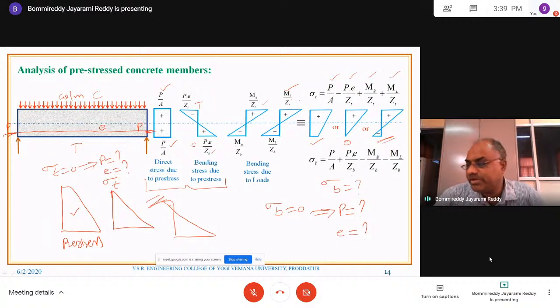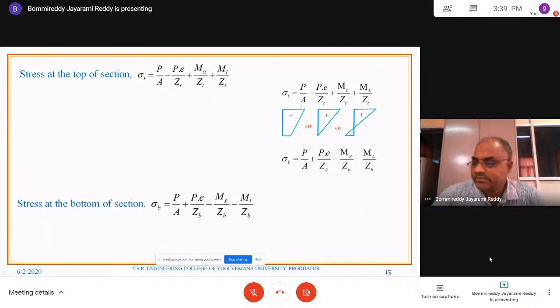You need to keep this diagram always in mind, not by means of memorizing the formulas. And of course, it is only the previous one. It is the stress at the top of the section, the algebraic sum of all terms. Similarly, the stress at the bottom is also the algebraic sum of all. It is just discussed clearly.